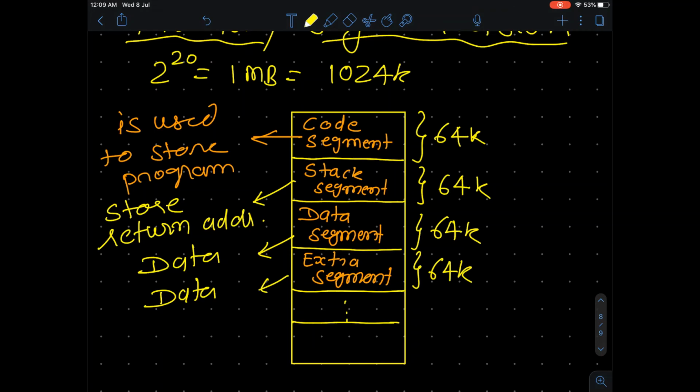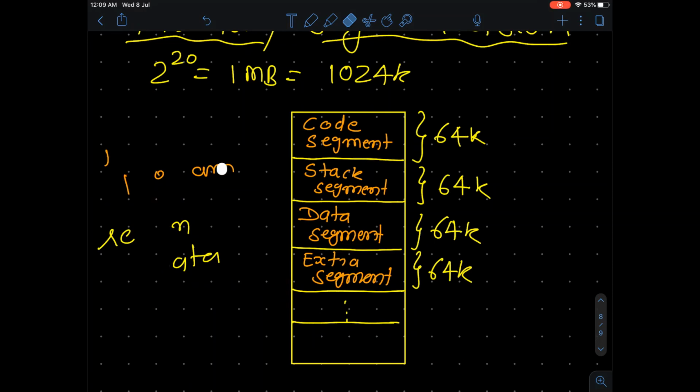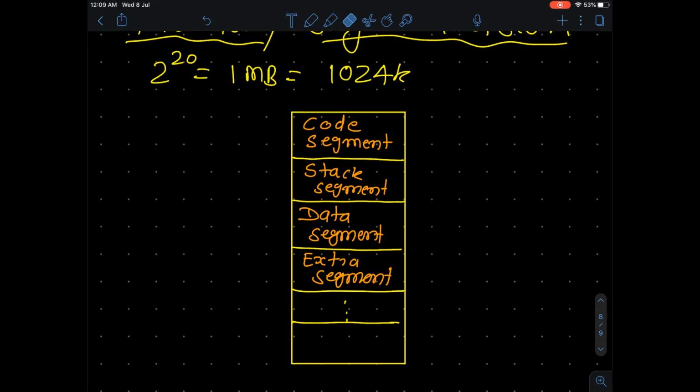So what have we discussed up till now? We have discussed that the total 1 MB memory is divided into blocks of 64K. Now as far as these blocks are concerned, suppose this address is 00000.